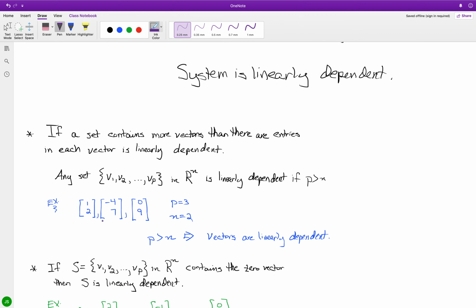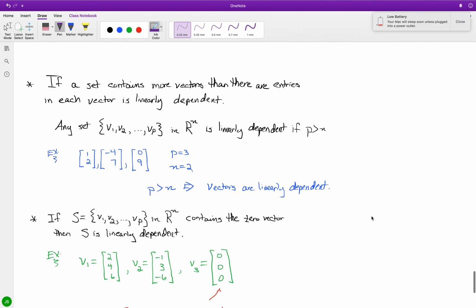For example, say I have (1, 2), (negative 4, 7), (0, 9). So you have three vectors, and each vector has two entries. Here the number of vectors is greater than the number of entries, and automatically these vectors will be regarded as linearly dependent.